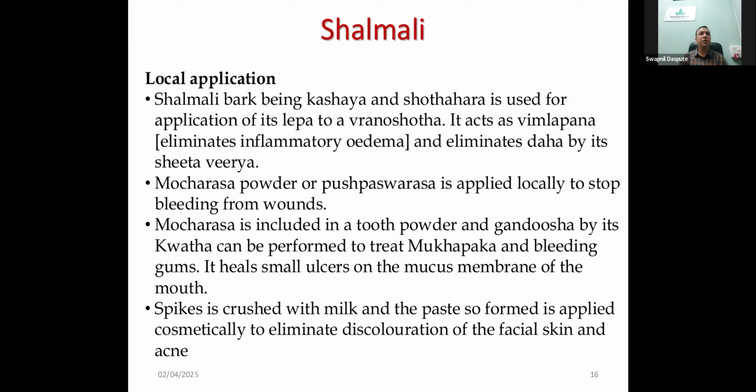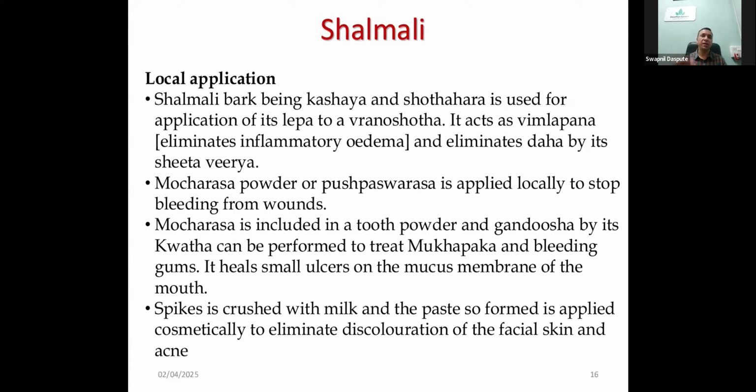Mocharasa powder, because it is in gum or resin form, has a particular shape, so we have to make it into a powder. Mocharasa powder or pushpa swarasa, the juice of the fresh flower, is applied locally to stop bleeding from wounds. Because it is easily available in powder form, it can be stored in your clinic setup.